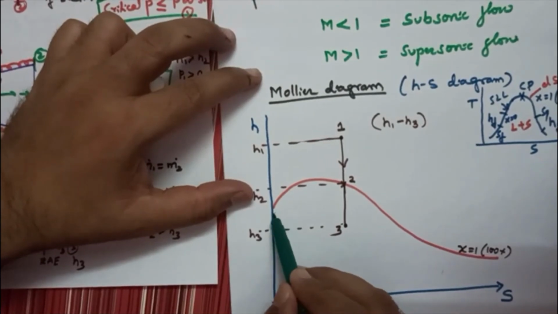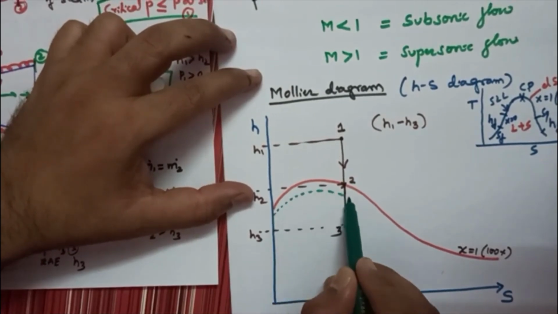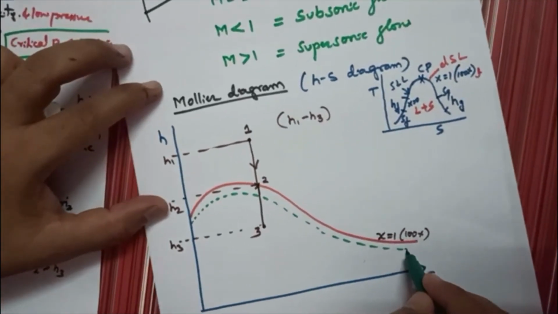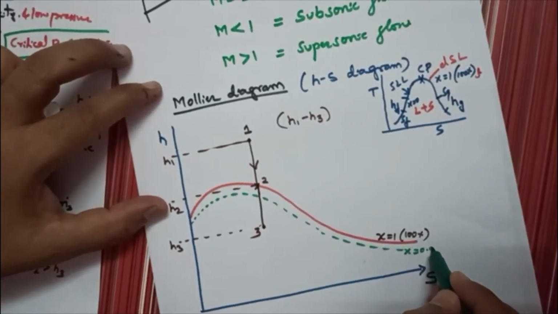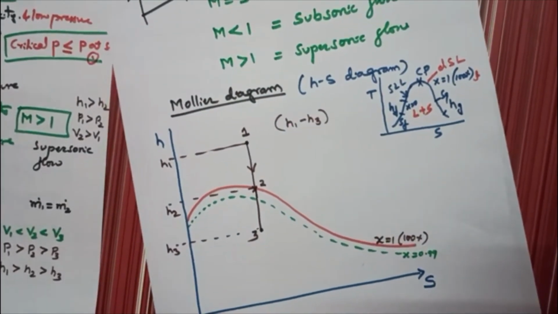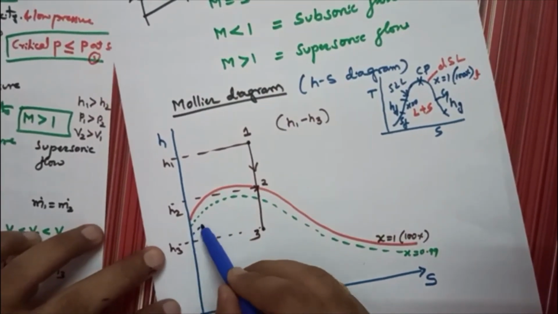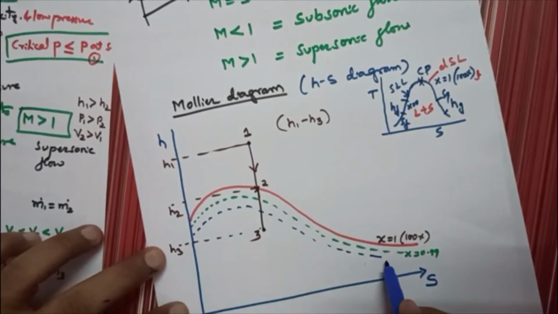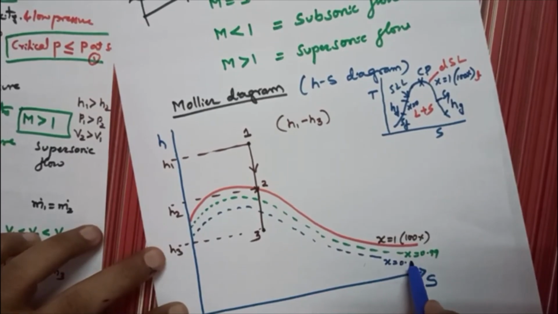Okay, here, one more curve, this is one type of curve. Here x is equal to maybe 0.99, that is less than 1. Okay, if you consider one more line here, this may be x is equal to 0.8.